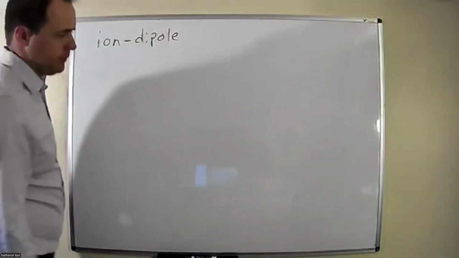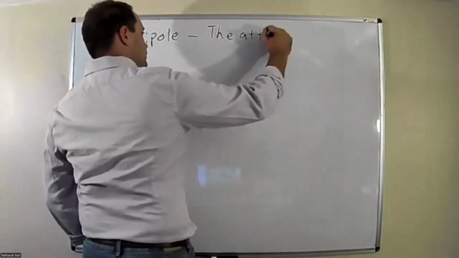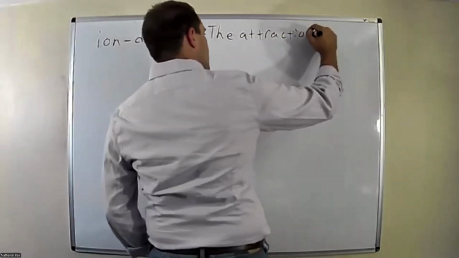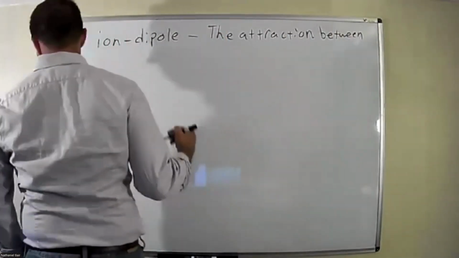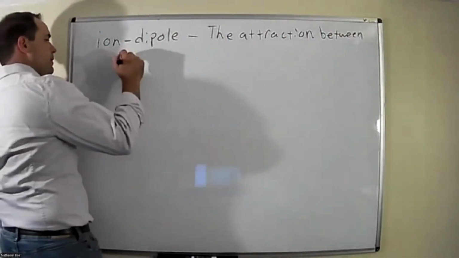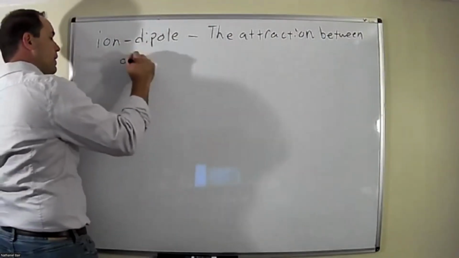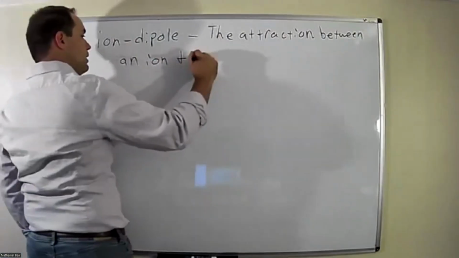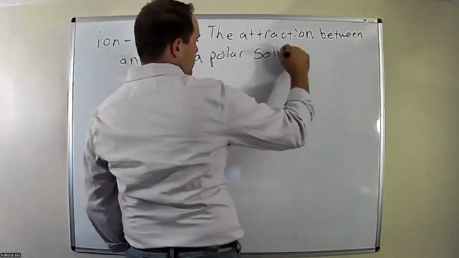Ion dipole. The attraction between an ion and a polar solvent.